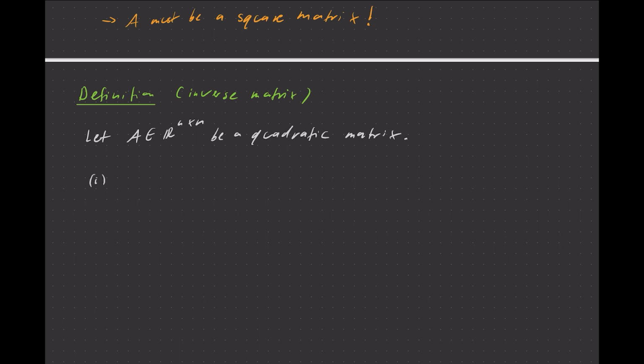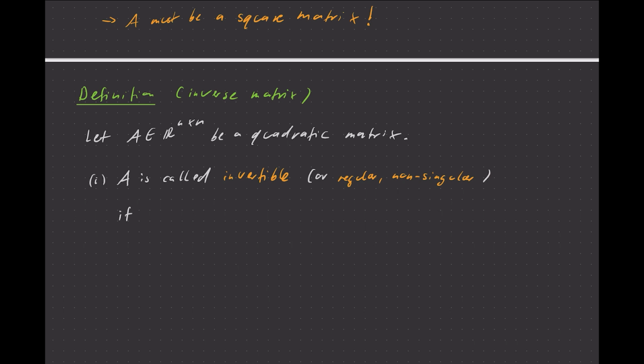Then let's first define the inverse if it exists. And we say that A is called invertible, or you will also say regular, or possibly we'll also say non-singular. So all of these names are common.